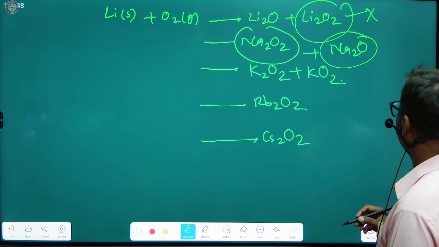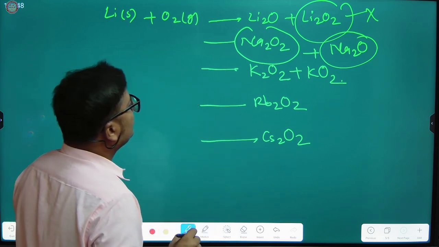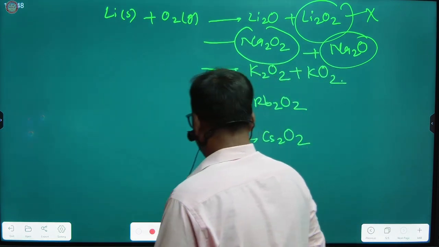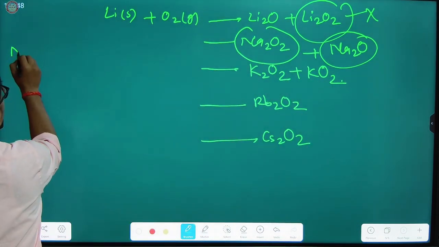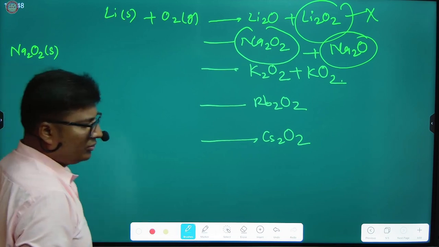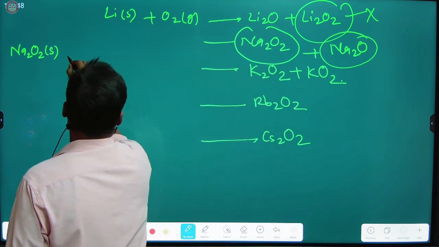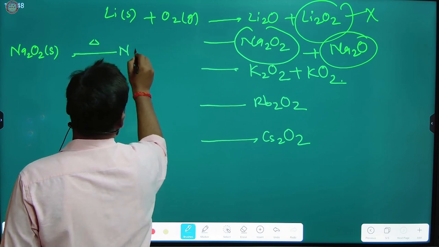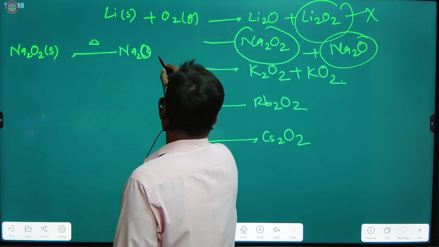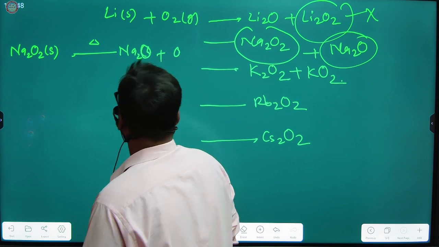stabilization effect. Okay, so what actually happens is that in case of sodium peroxide, that is Na2O2 in solid state, once it is heated, it forms Na2O plus oxygen gas, right?